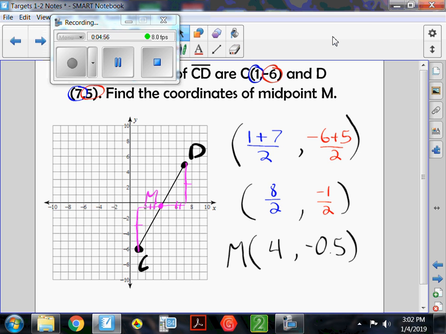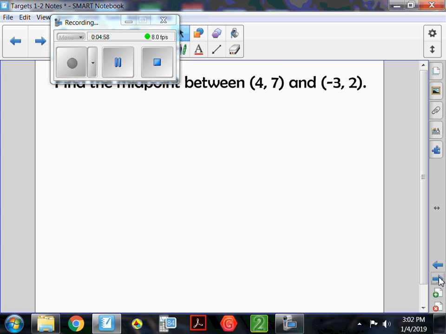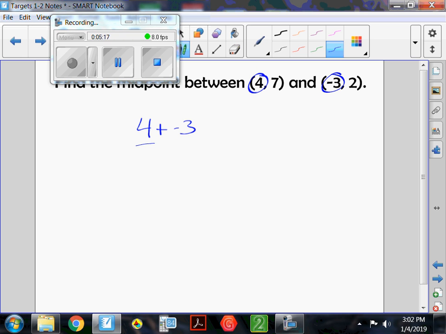If you want, you can pause the video here and try to find the midpoint between 4, 7 and negative 3, 2. I'm going to add the x's together and divide by 2. So 4 plus negative 3 is negative 1, so negative 0.5.